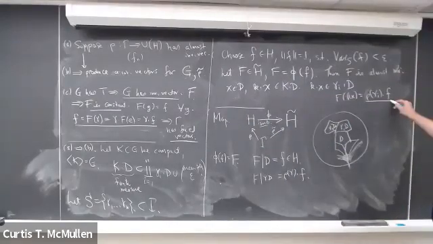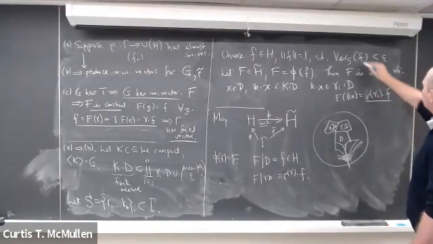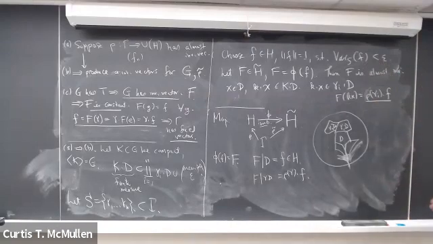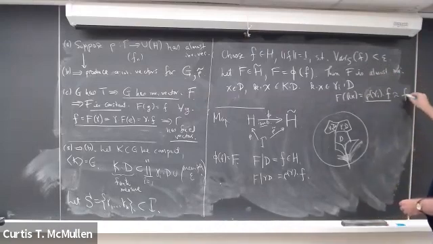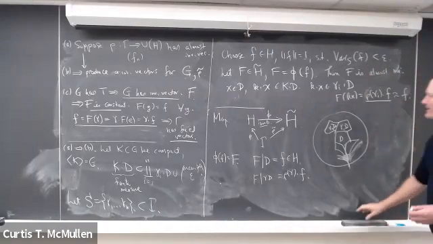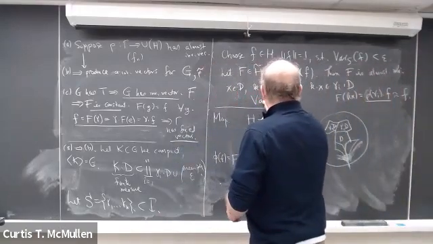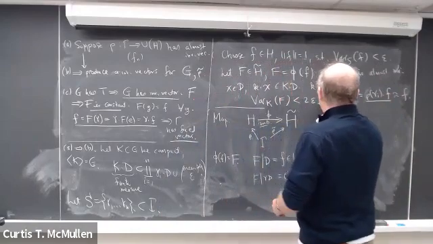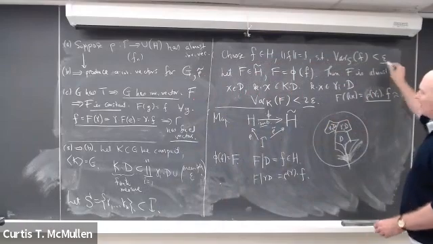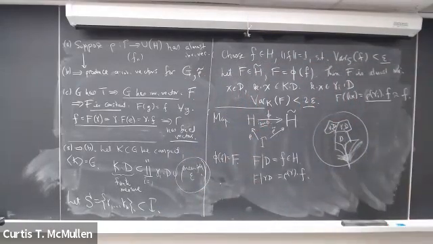And this vector is within distance epsilon of the original vector f, because f is almost invariant under gamma. So putting those two things together, we get that the variation over K of big F is less than 2 epsilon: one epsilon coming from this, and the other epsilon coming from this neglected set of positive measure.